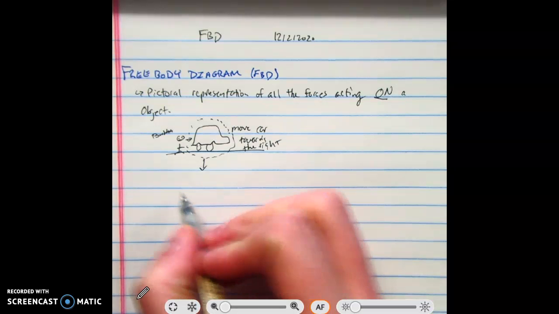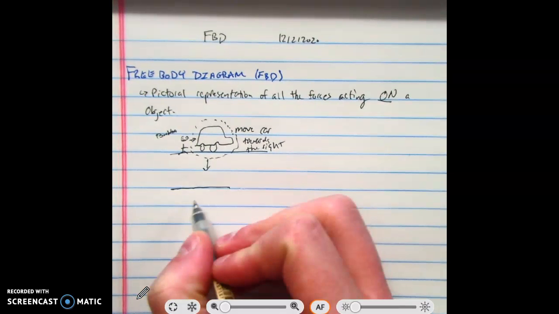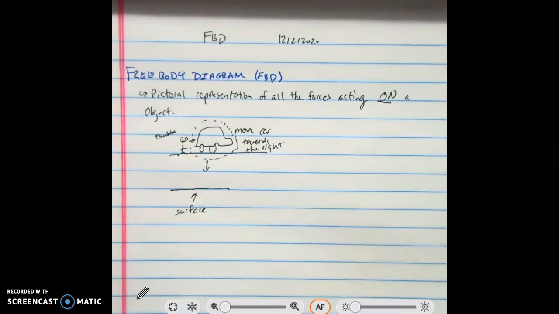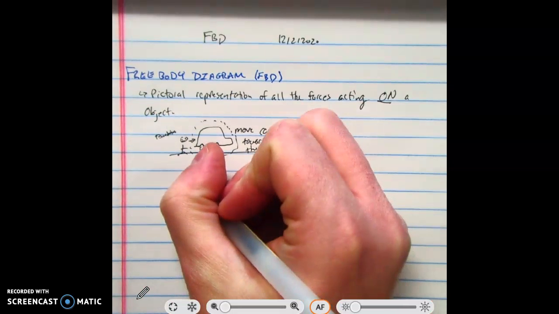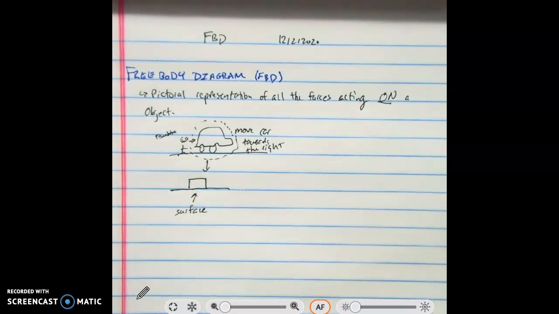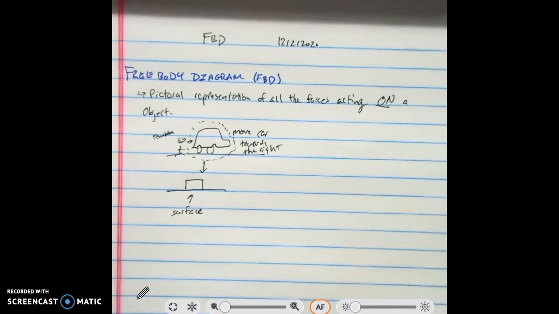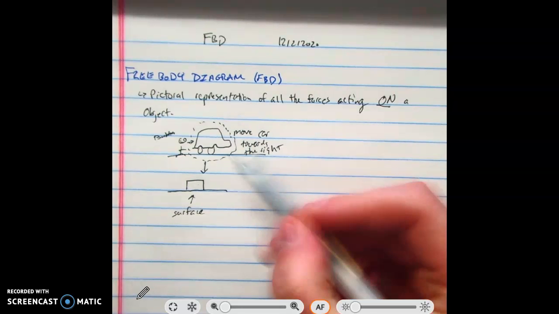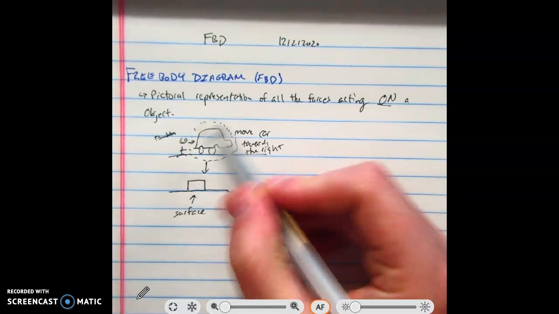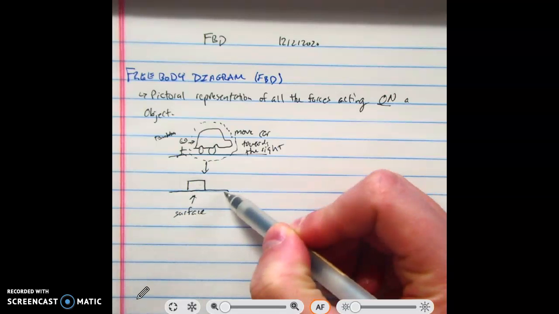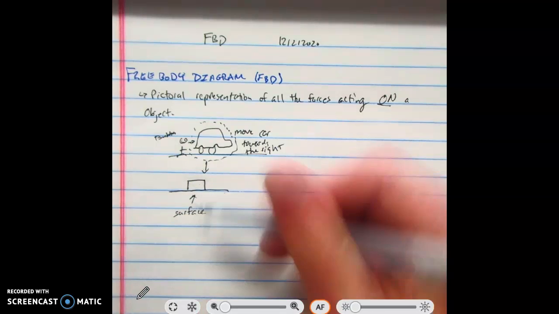So we always draw our surface, the surface that the car is on, and then we draw the car in a simple shape. A box is a simple shape. So this car is now this box. So that is what a free body diagram does. It takes this complex thing and breaks it down to something very simple, and then I always draw the surface it's on.